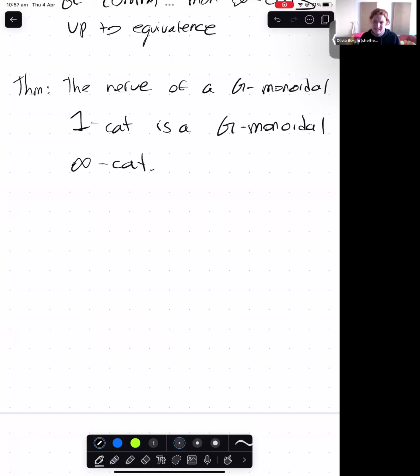If you play that same game with my definition, where you weaken the co-Cartesian part of the definition to be co-Cartesian over inert morphisms, and so on, then you get a notion of a G-infinity operad. This also recovers all existing definitions, and it also has a corresponding nerve theorem.